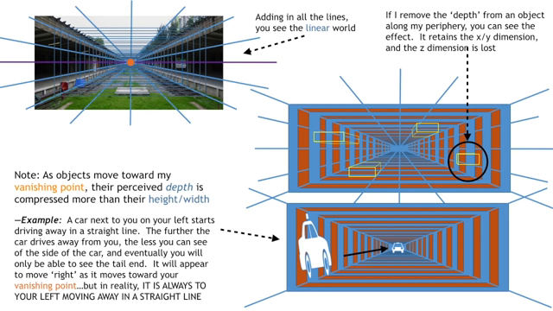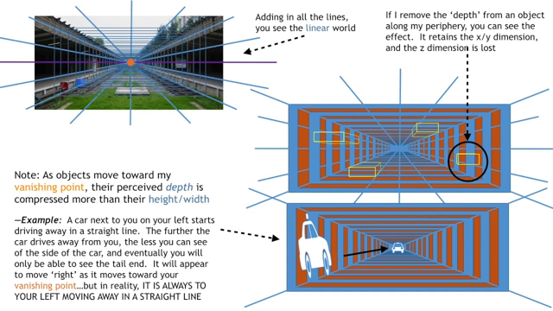So if I remove the depth from an object along my periphery, like I remove some of its z-axis component, you can see how it might look. It retains its xy dimension, and the z dimension is lost, let's say. If we just removed more and more of the depth of the object, essentially it just looks like a rectangle again.